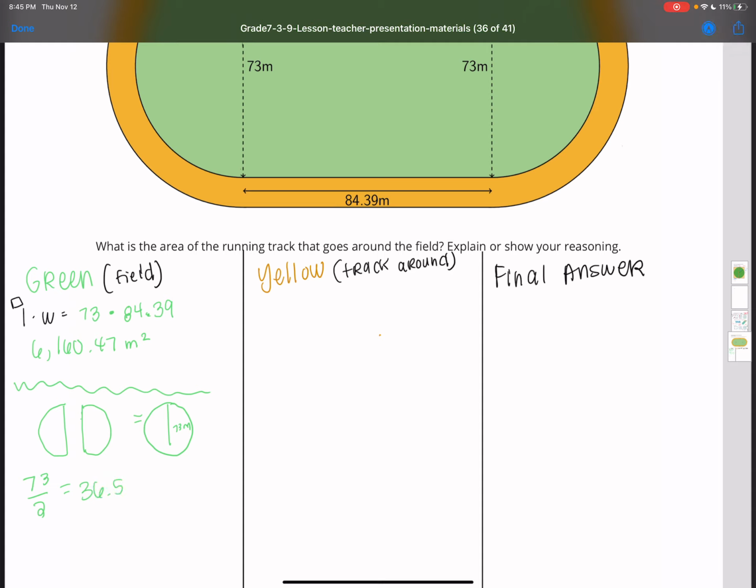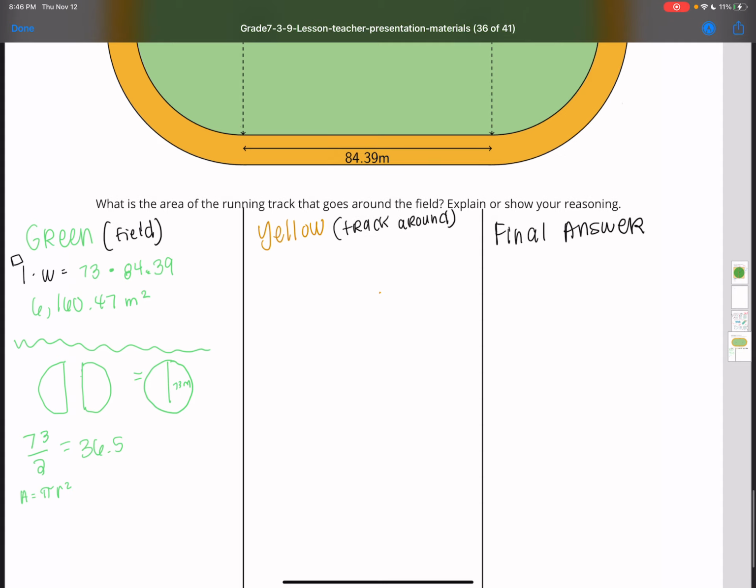Now I want to plug that into my area formula, the area of a circle, which is pi times r squared. That is going to be 3.14 times 36.5 times 36.5.